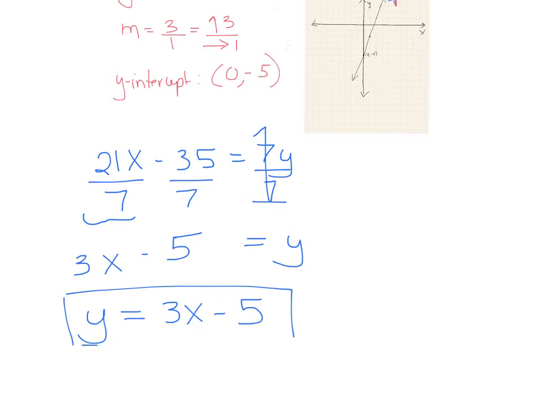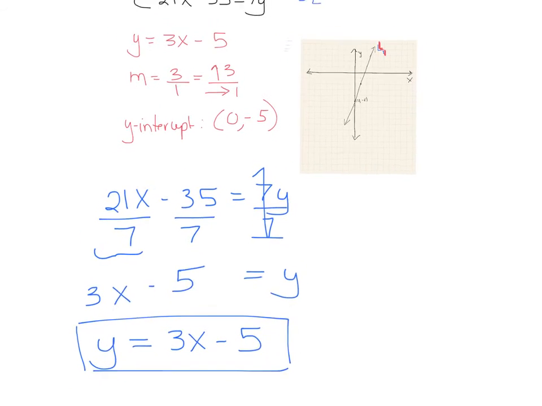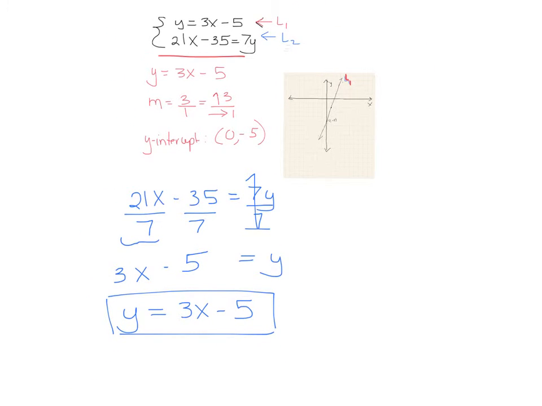What do you notice with this line and the one we just graphed? Well, that's the same line. It's the exact same line, just a little bit in disguise. We just divided by 7, so one equation is derived from the other.